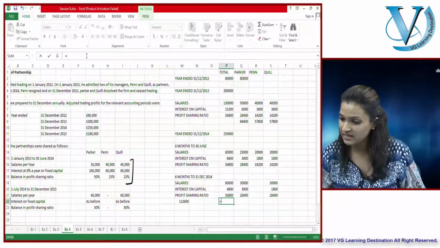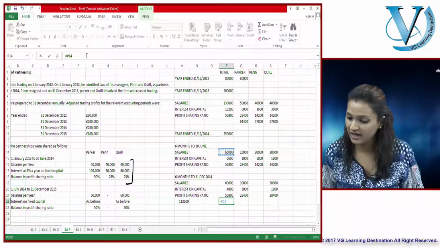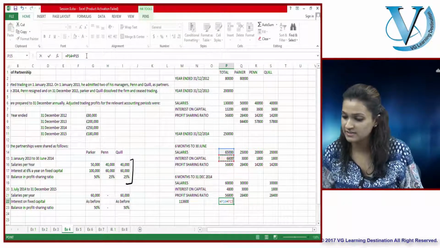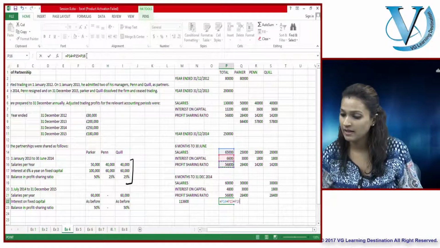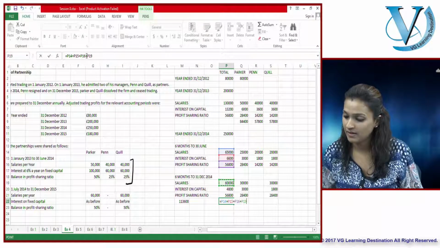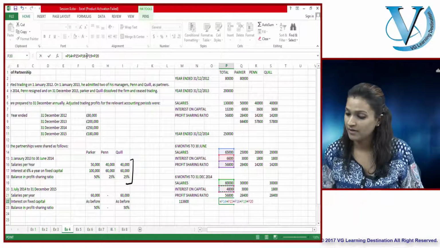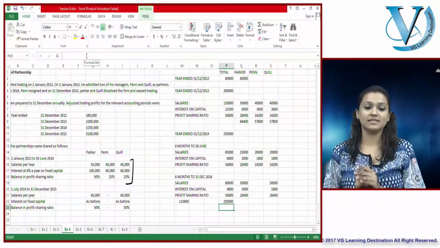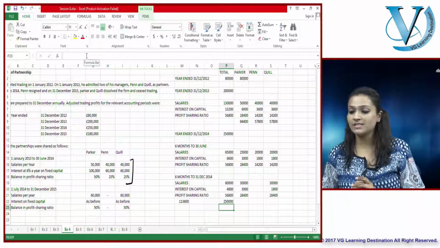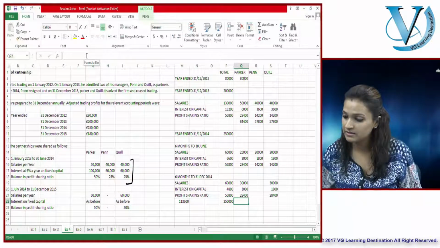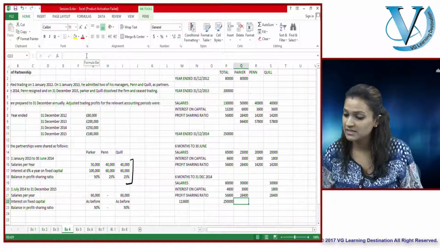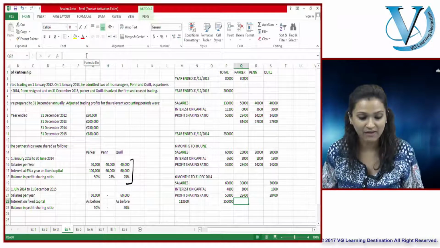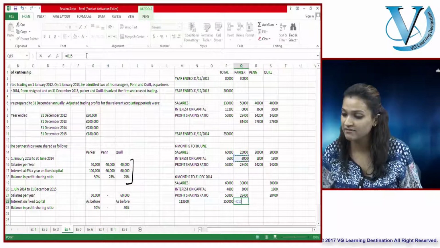Let me see if I've been able to bifurcate my total profits of £250,000 in the ratio which it was supposed to be split under. Now that I've done this, let's find out what gets bifurcated amongst these partners individually for the entire year.